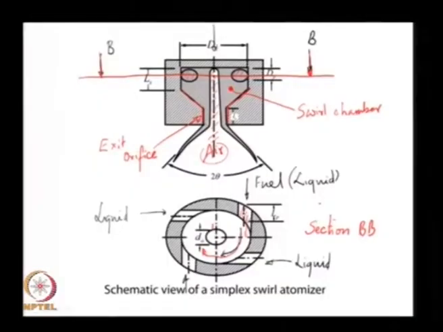The reason I am going through this gory explanation of this is because it has nothing to do with gravity. This can be oriented any way. It is the incompressibility of the liquid that is causing the fuel to flow in the axial direction. Okay. So, this incompressibility of the fuel causes a small axial velocity, but a very high swirl velocity.